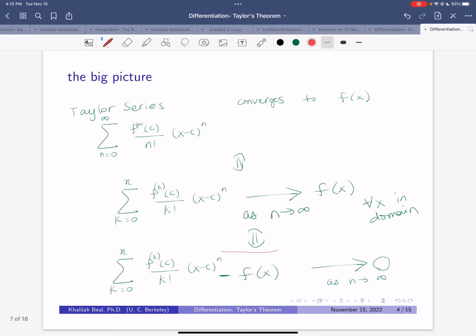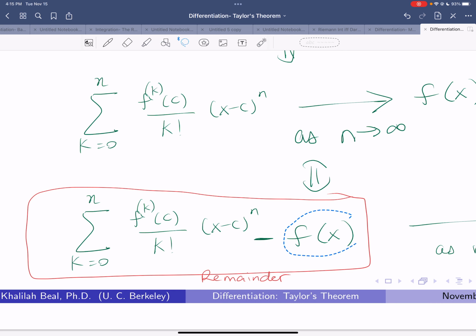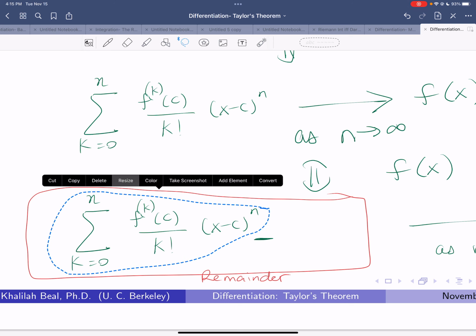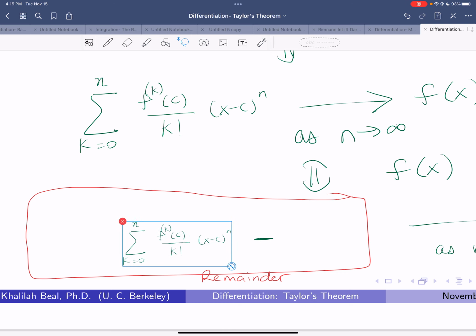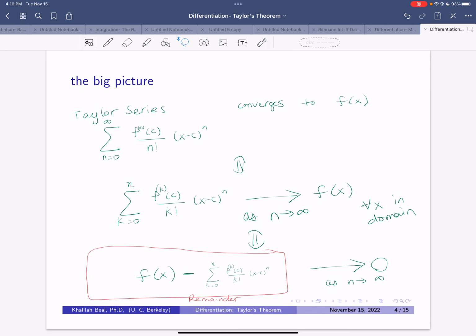This difference is the remainder. We might even switch it around, because the remainder is the actual value minus the estimate. The estimate is your nth partial sum, and we're looking to see if our remainder, the actual minus the estimate, goes to 0 as n goes to infinity.